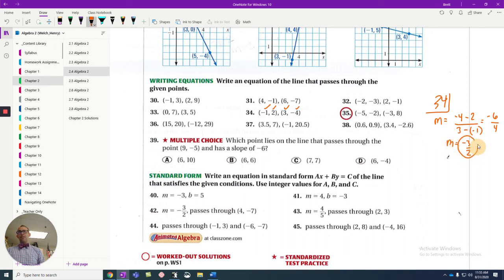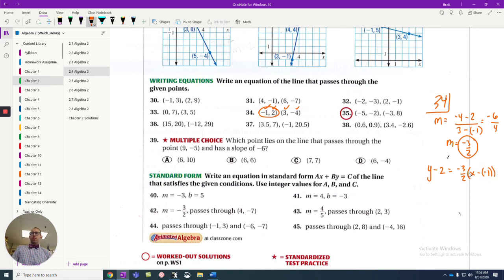Now that I have a slope, I can take either one of these two ordered pairs. Let's take this first one here, and I can build my equation. And I'll show you again how to do that. This is very similar to how you'll end the 20s when you're doing the parallel and perpendicular. Once you know the slope, y minus 2 equals -3/2 times x minus a -1.